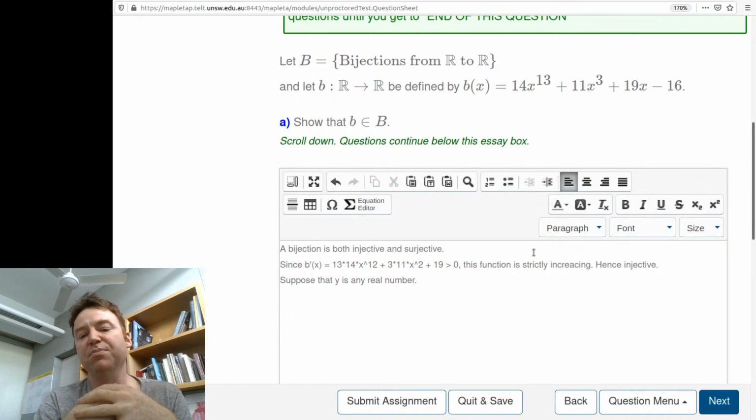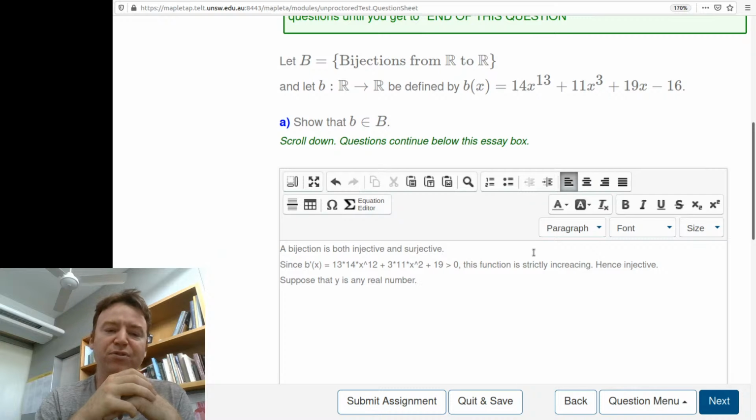I mean, that's what it means, but it's much easier in this particular case to say it's a strictly increasing function and hence it's injective. And also, this is just one part of it. I don't really want to solve for y using x.